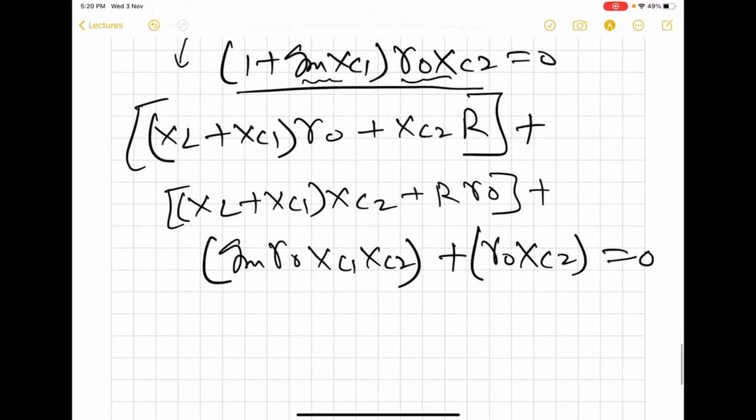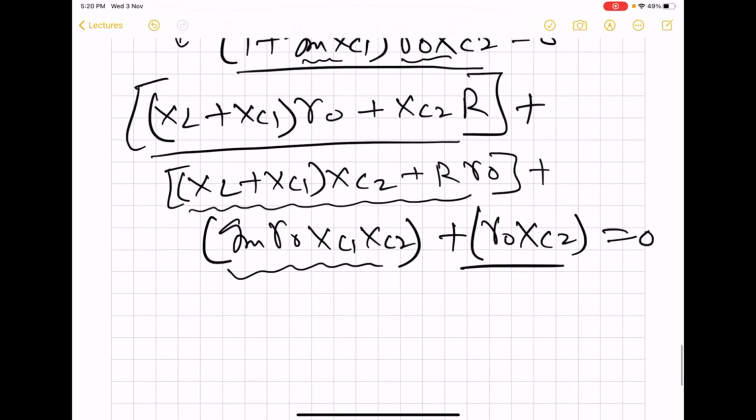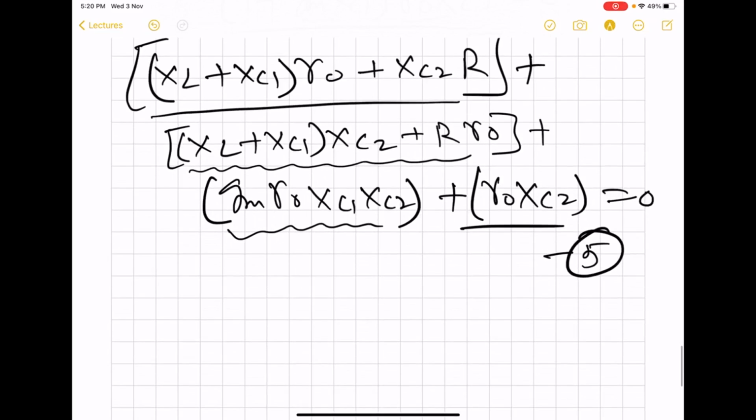So here we have this term and this term as the imaginary part, and this one and this as the real part. So we can now set up the equation for the imaginary part equal to 0.